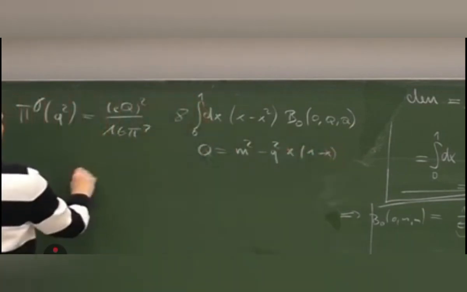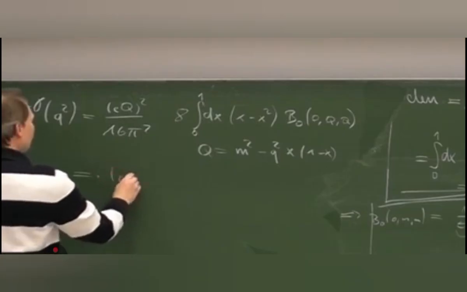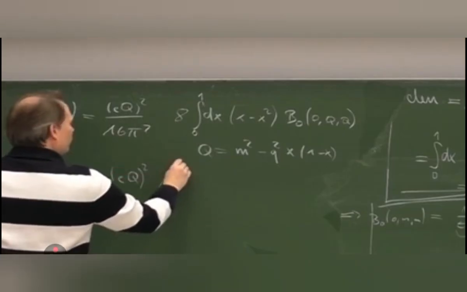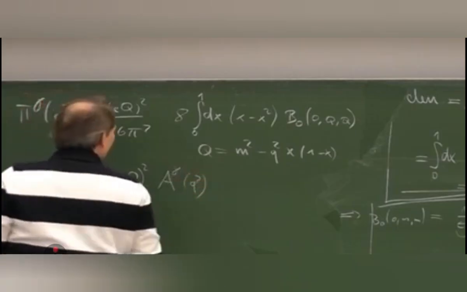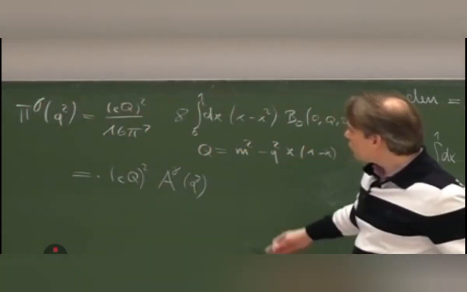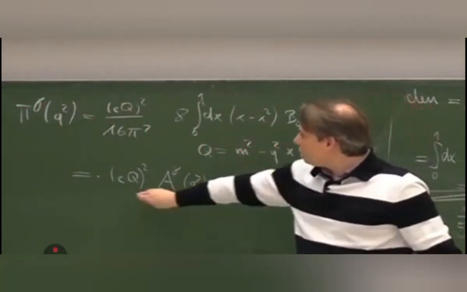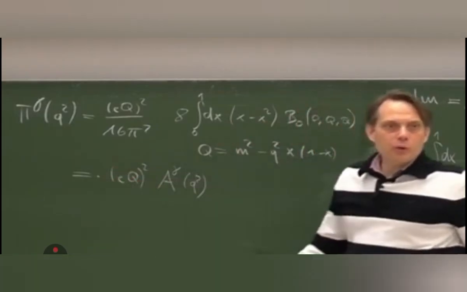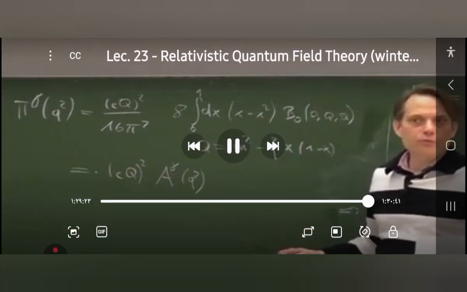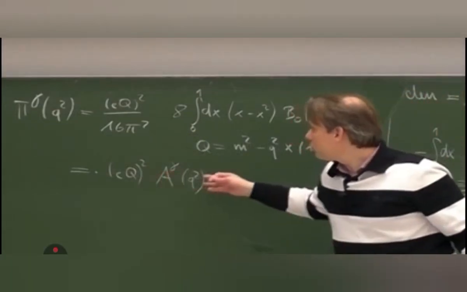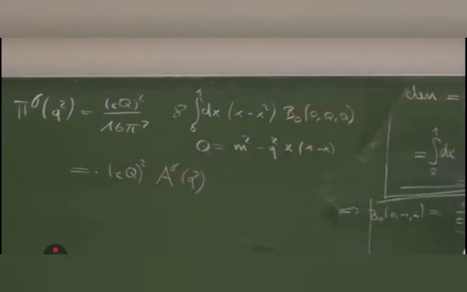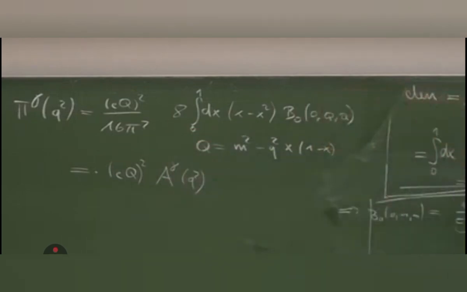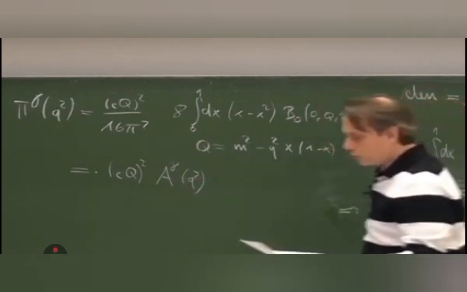And for tomorrow, let us abbreviate the whole thing. Yet another name, a gamma of q square, where a gamma of q square is simply the same apart from the coupling constant, which we want to exhibit in order to do bare versus renormalized E and so on. And then it's nice to have a combination a gamma, which depends only on integrals and not on coupling constants.